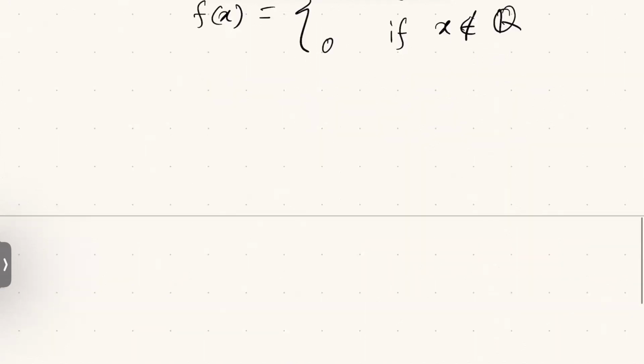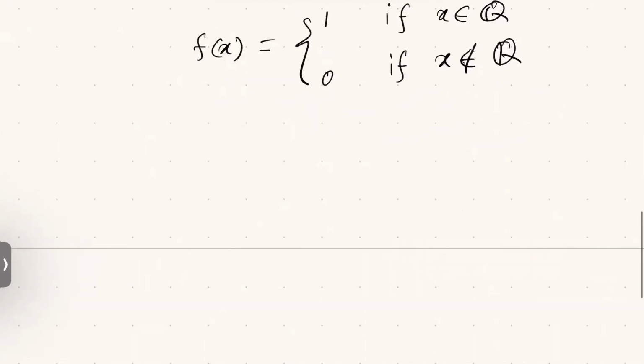Like if we consider the function f of x equals square root of x, is this function differentiable? No, it is not. The function is not differentiable at the point 0, right?